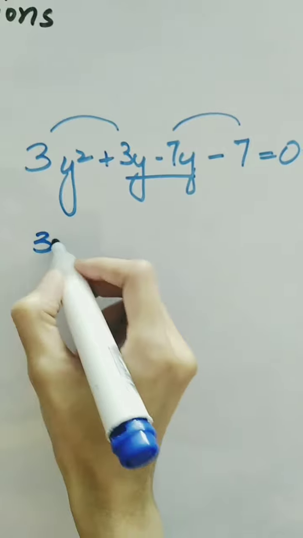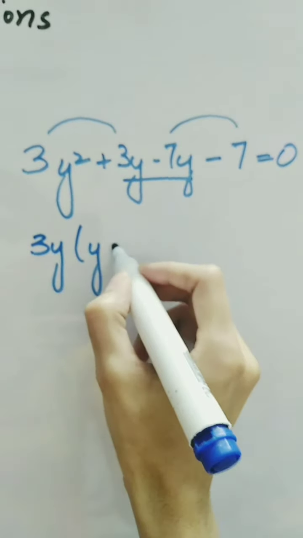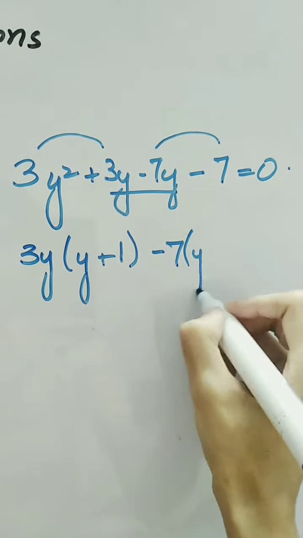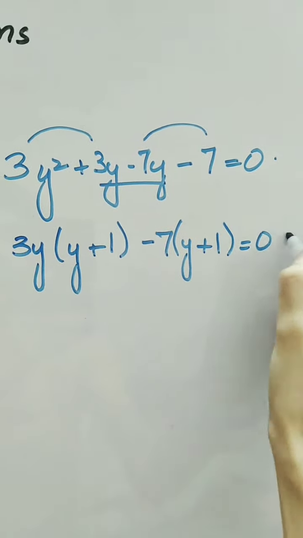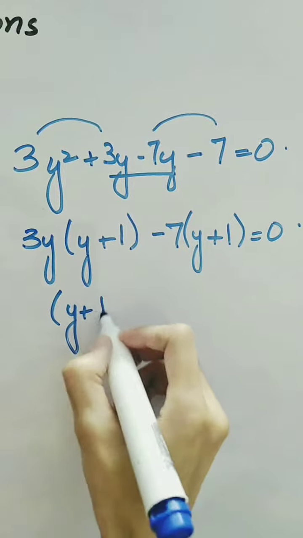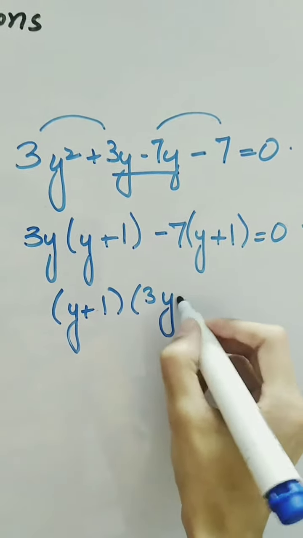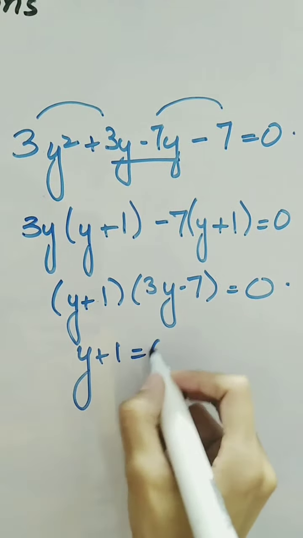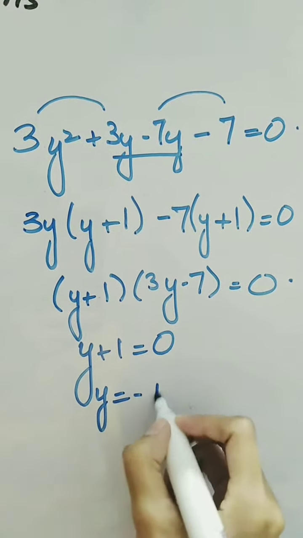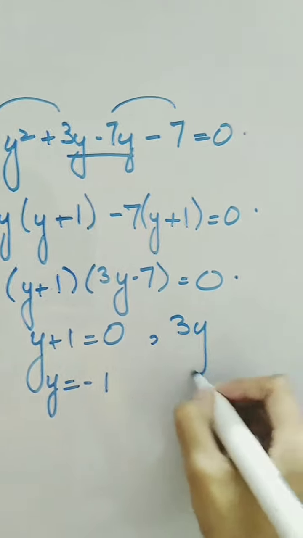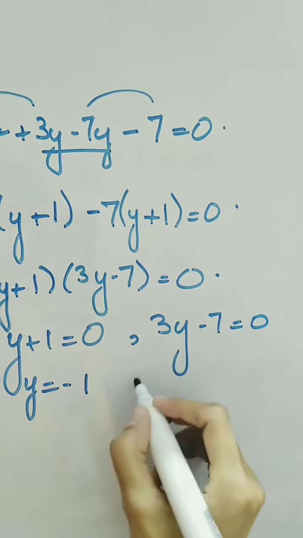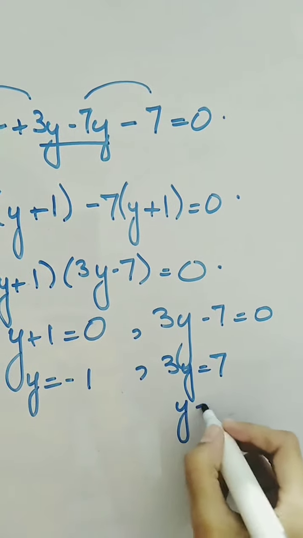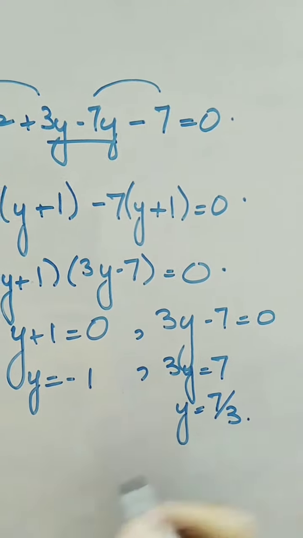We have 3y plus 1 and minus 7, so it becomes y plus 1. Now we have the factors y plus 1 and 3y minus 7 is equal to 0. Now y plus 1 is equal to 0 or y is equal to minus 1, and 3y minus 7 is equal to 0 or 3y is equal to 7 or y is equal to 7 over 3.